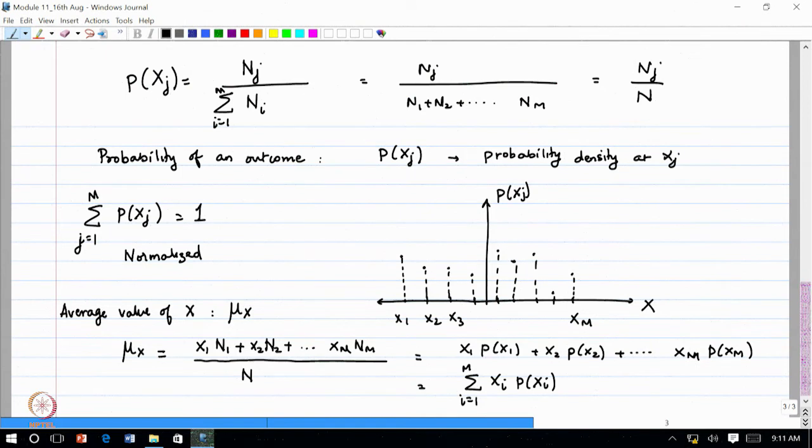Okay. So, this is how you define the average. And we will use the angular brackets to denote the average of x.